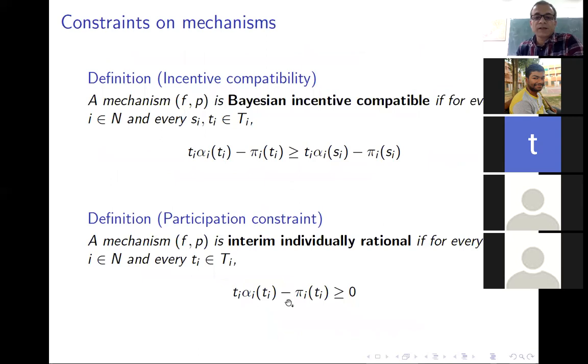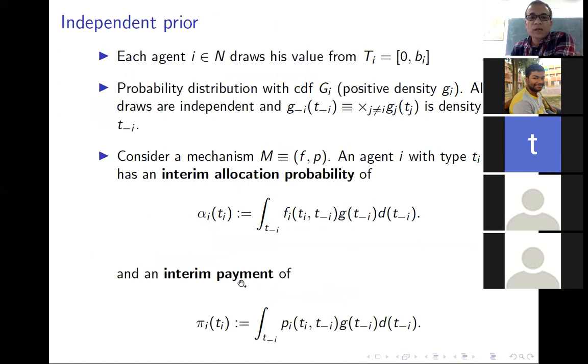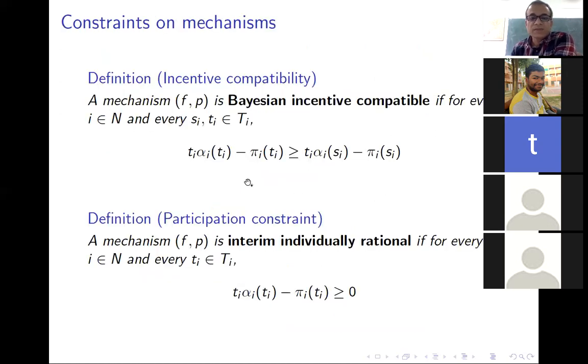So Ti alpha i Ti minus pi i Ti is greater than or equal to 0 for every i and every Ti. So these are the two constraints on the mechanisms. So we are going to require that every mechanism (f, p) is Bayesian incentive compatible and interim individually rational.